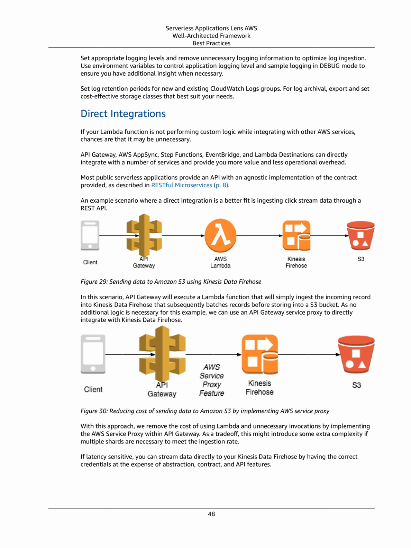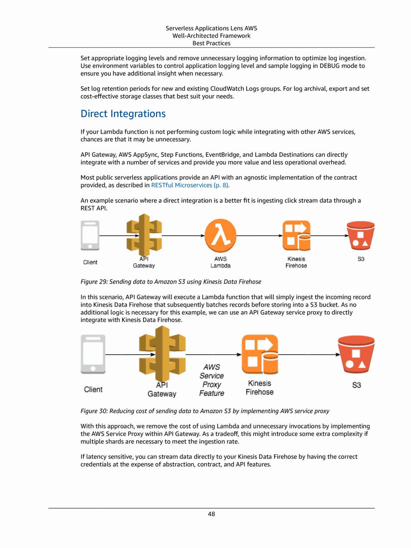Direct integrations. If your Lambda function is not performing custom logic while integrating with other AWS services, chances are that it may be unnecessary. API Gateway, AWS AppSync, Step Functions, EventBridge, and Lambda destinations can directly integrate with a number of services and provide you more value and less operational overhead.